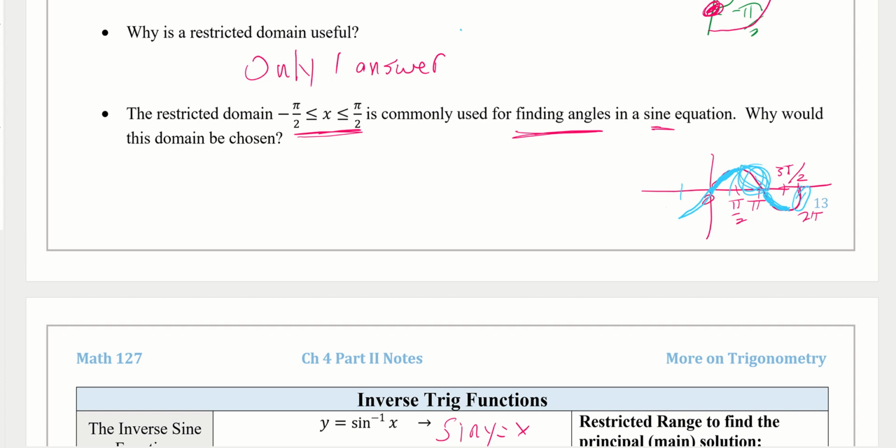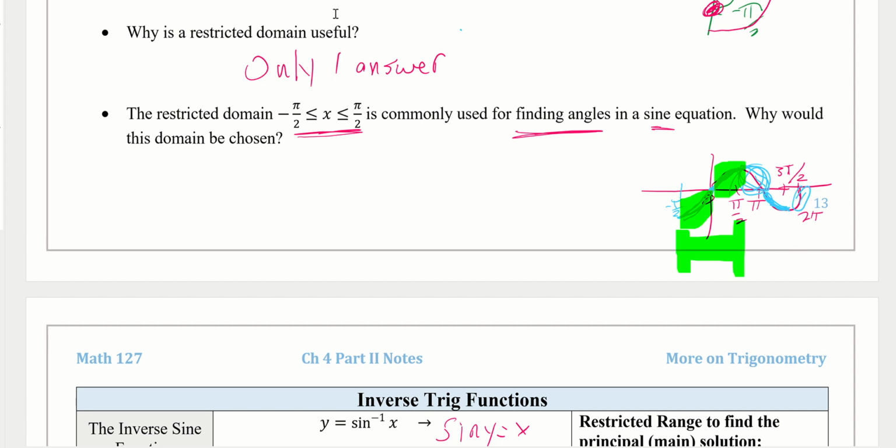So this is negative pi over 2. If I work a little bit backwards, I get all of my positive and all of my negative values of sine. So every single possible answer for sine is represented in between this restriction, from negative pi over 2 to pi over 2. That's why we choose that restriction: it's continuous and it gives us all the values possible for sine.